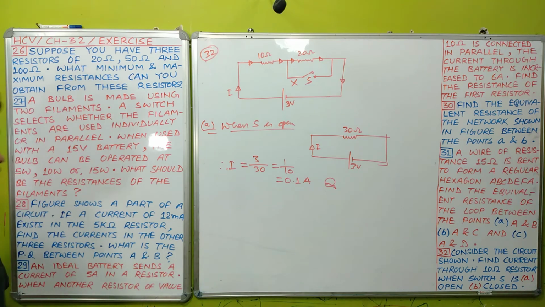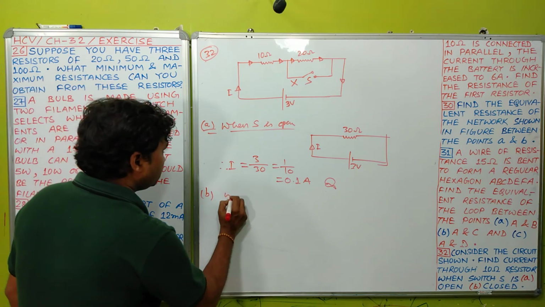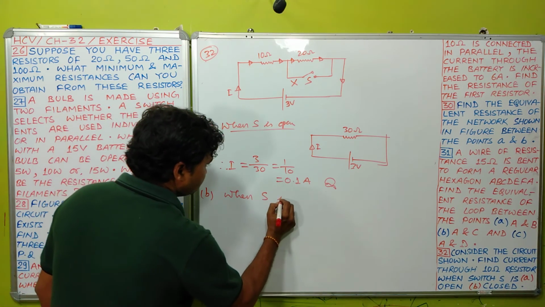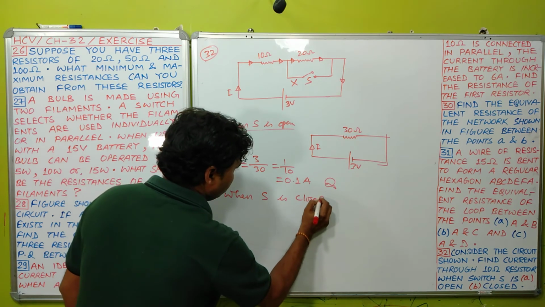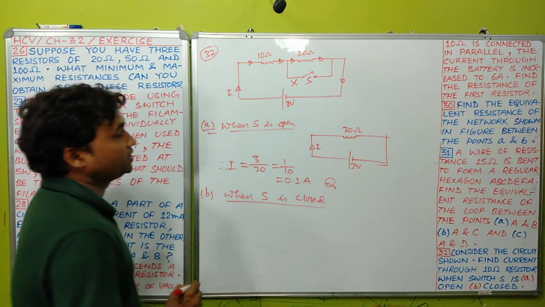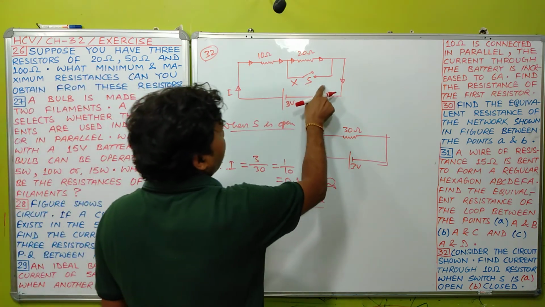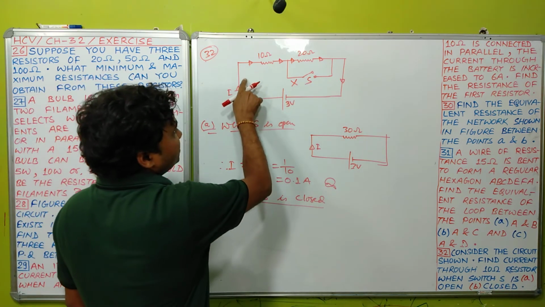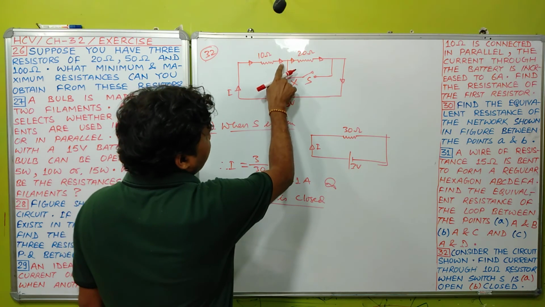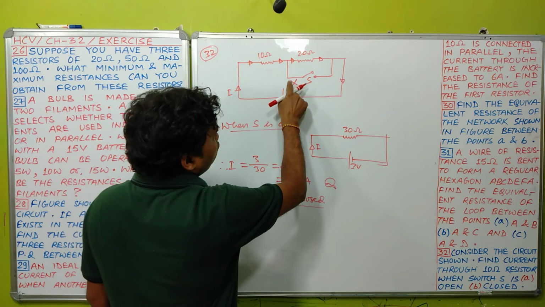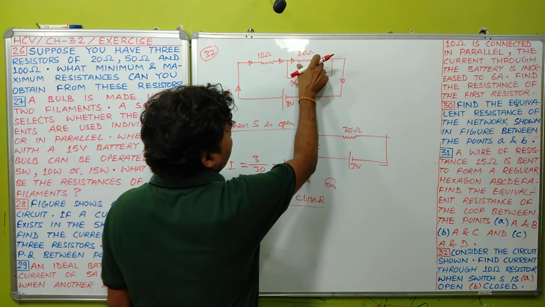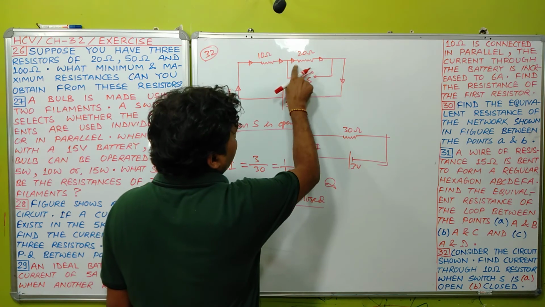Okay student, now B part, when switch S is closed. In this condition, when switch S is closed, what will happen? Total current flows through this, and after this point, total current will flow through this, because now this is short circuited, so current will not flow through this.